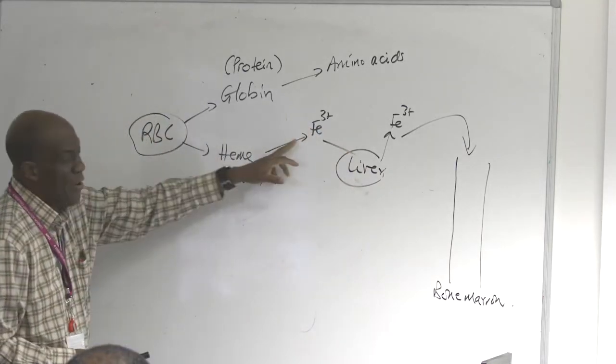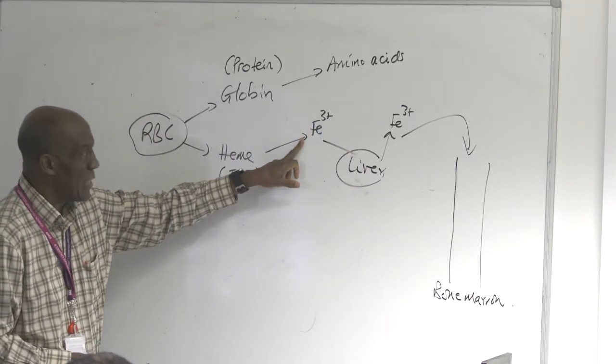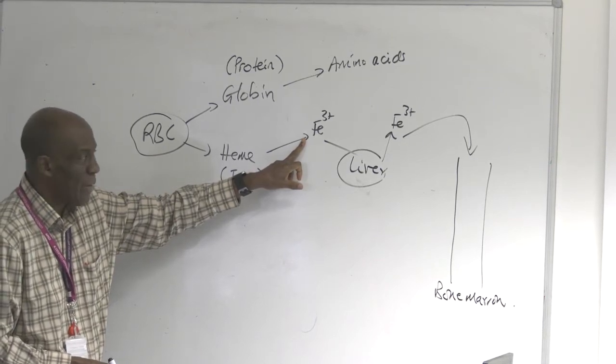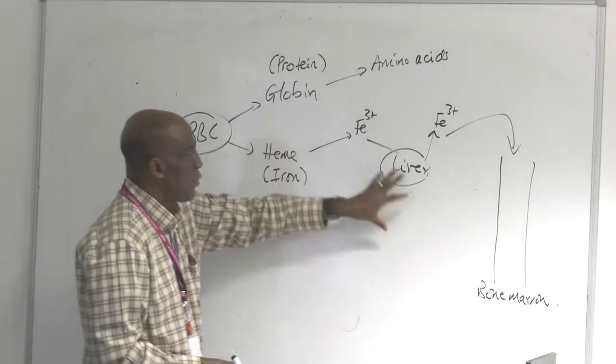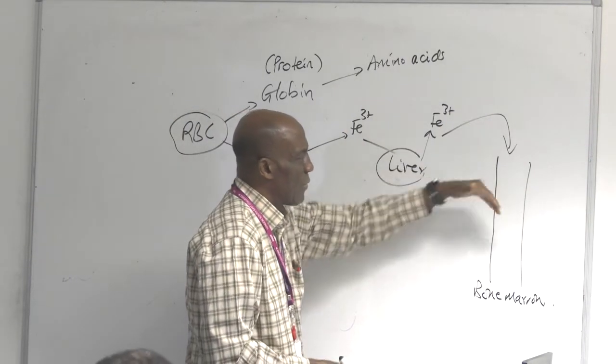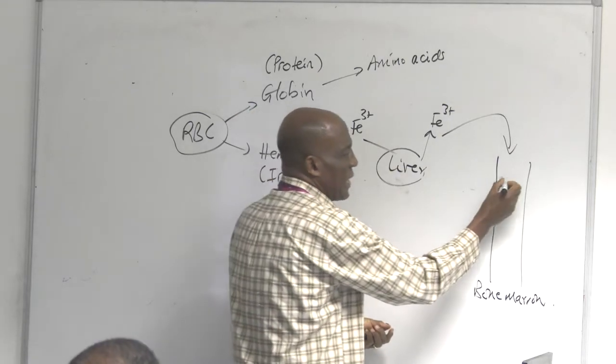Okay? The iron is so useful to the body that it is not eliminated, not excreted, not expelled. So it's temporarily stored in the liver. Then from the liver, it is released into the bone marrow. And then at that point, it's gone.